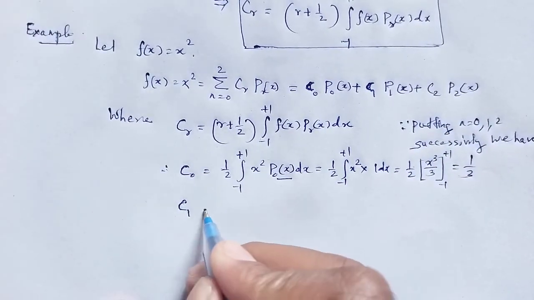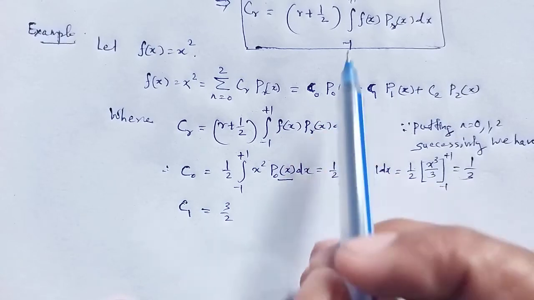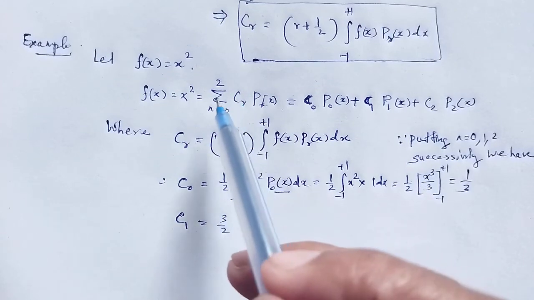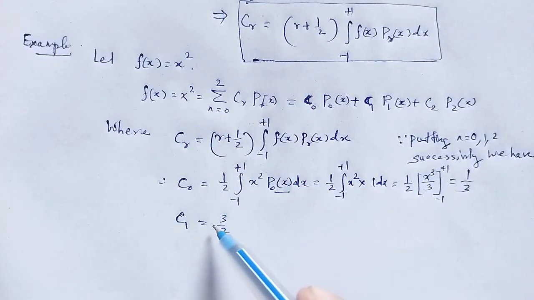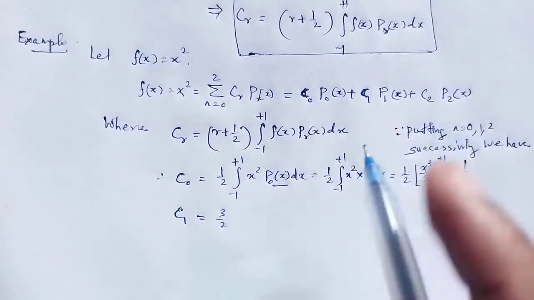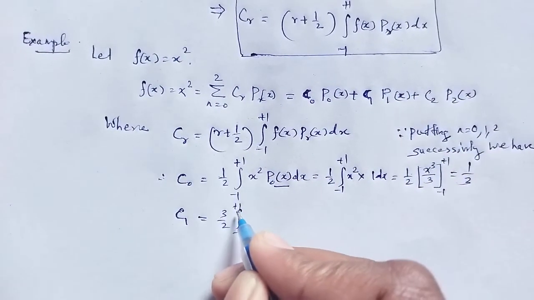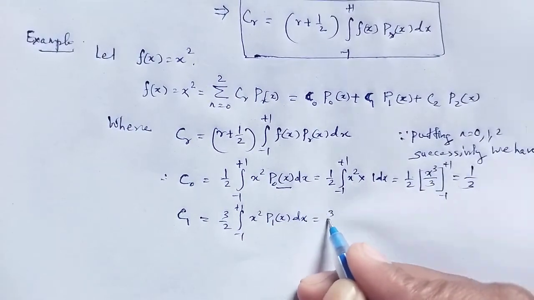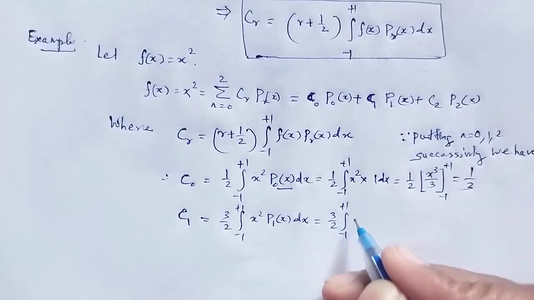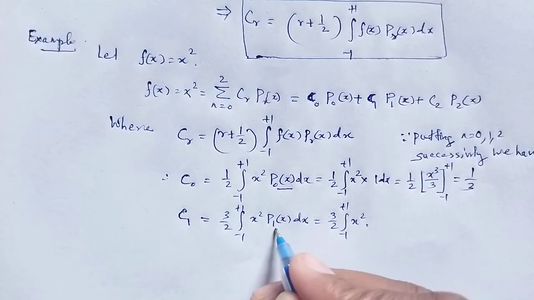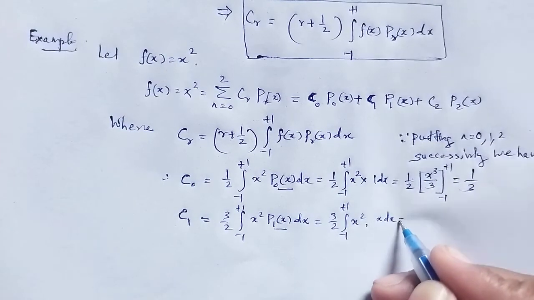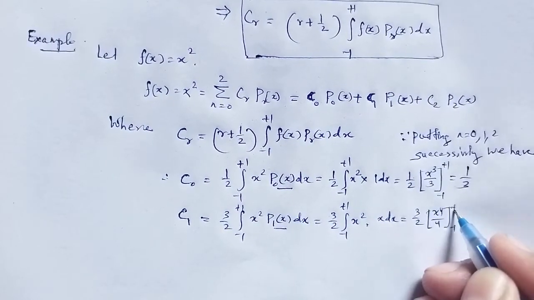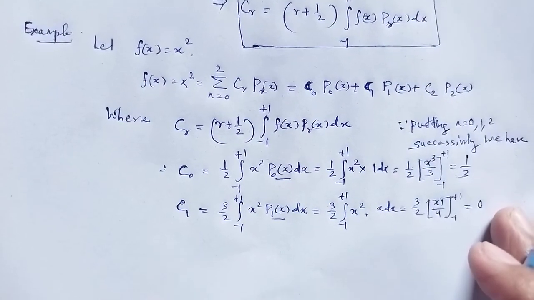Then C1 is 3 by 2, since r is 1 and 1 plus half is 3 by 2, times the integration from -1 to +1 of x square P1 of x dx, which is 3 by 2 times the integration of x cube dx, which is 3 by 2 times x fourth by 4 from the limit -1 to +1, and the value will be 0.